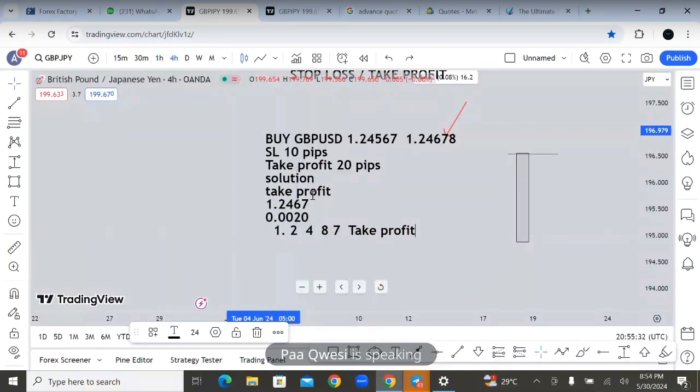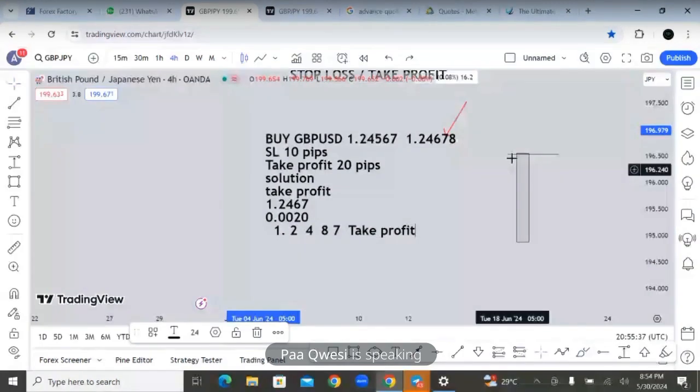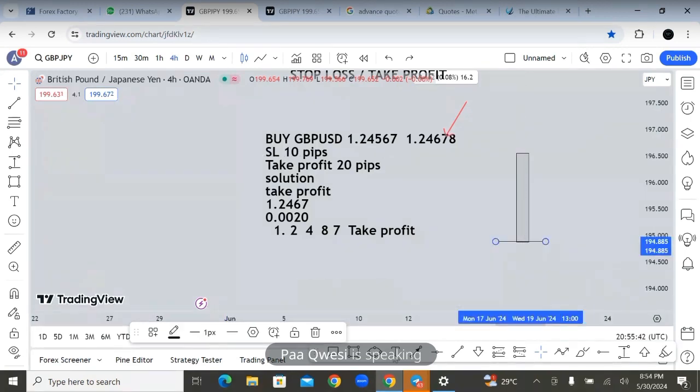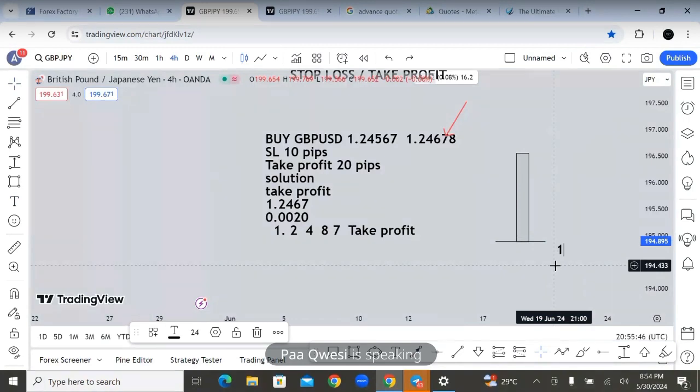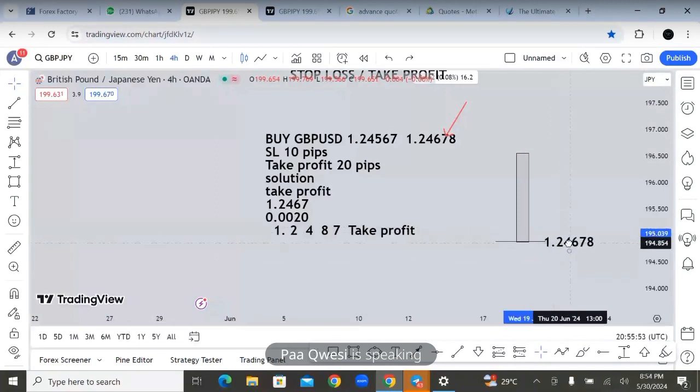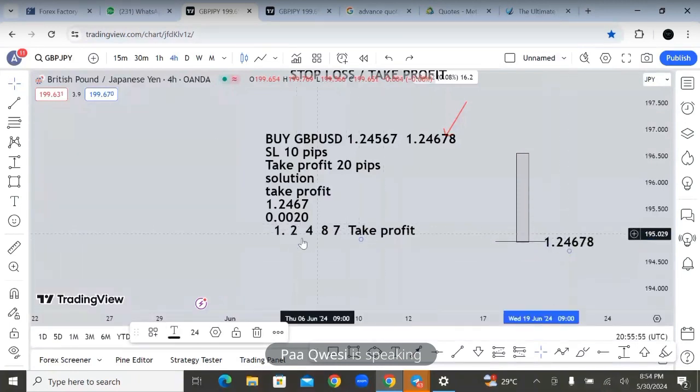Let's say this is the current market price: 1.24678. Now we said the take profit price, as we calculated, will be 1.2487.